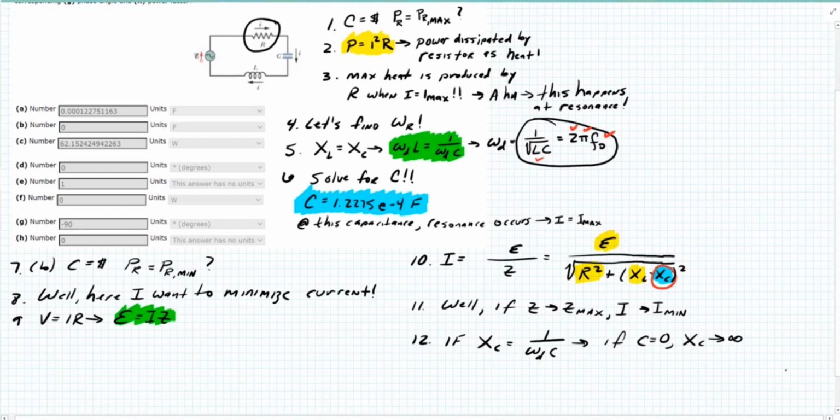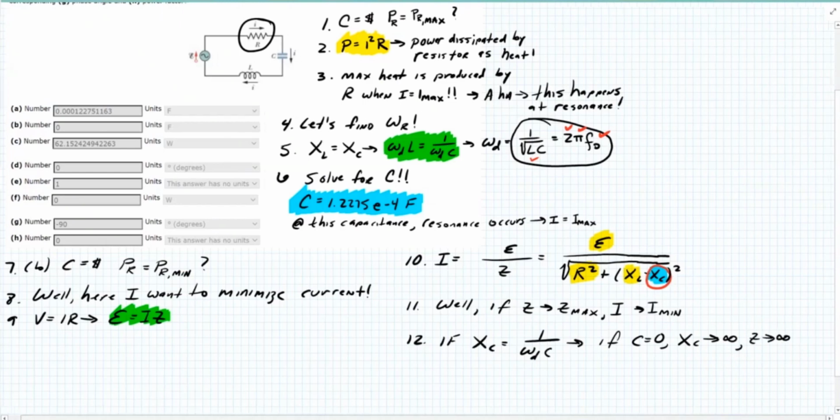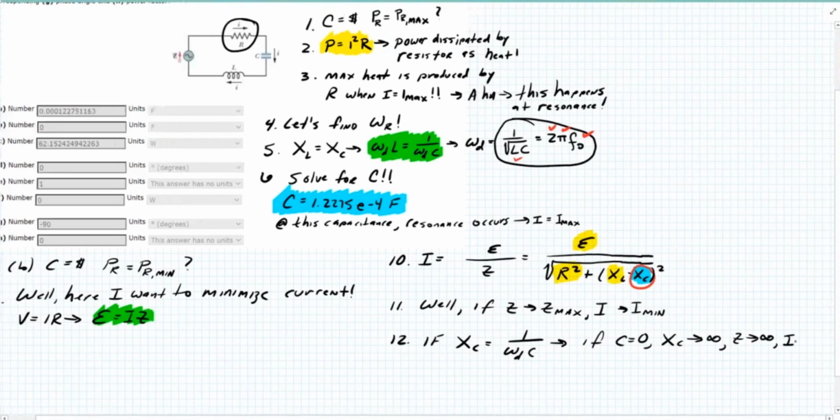If X sub C goes to infinity, Z goes to infinity. If Z goes to infinity, I goes to 0. Okay, and that's my minimum. You can't get less than 0.